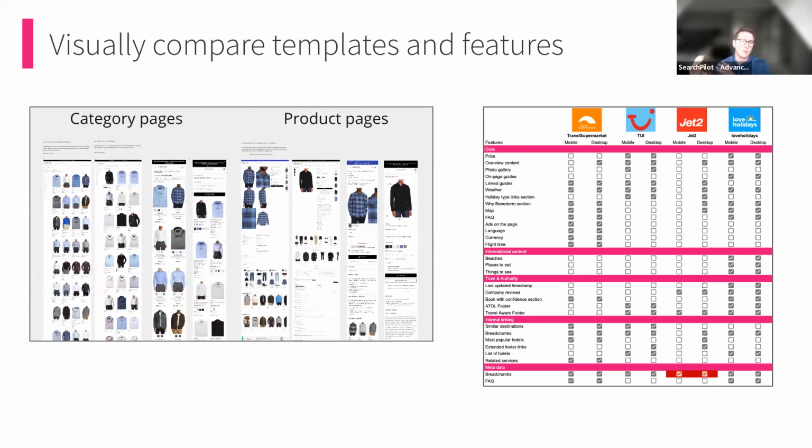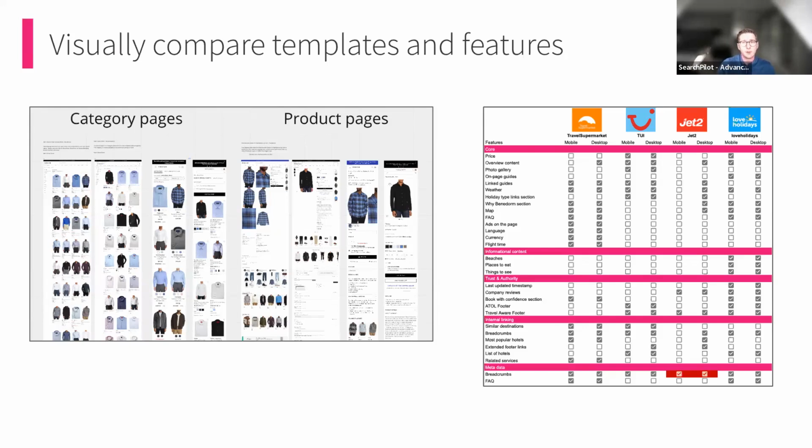I find you won't pick up on as many differences unless you have them visually. You can use whatever tool you like for this, whether it's Figma, Miro, any of those tools where you have a big canvas are absolutely perfect for this. You can have both mobile and desktop side by side, and then you can just lay out your most common templates on the one page and compare them between you and your competitors.